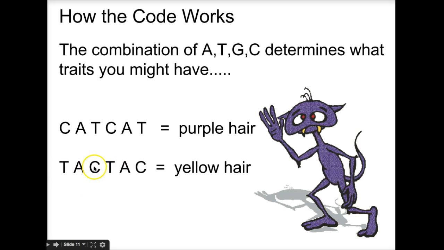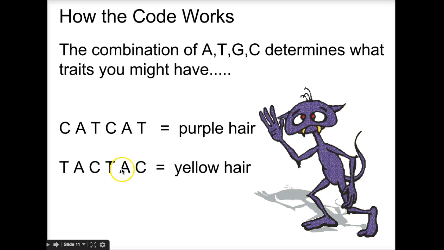The combination of your base pairs will give you genes for long hair or genes for curly hair, genes for blue eyes or genes for brown eyes, genes for, I don't know, a high-pitched voice versus genes for a lower-pitched voice. So these are the genes.